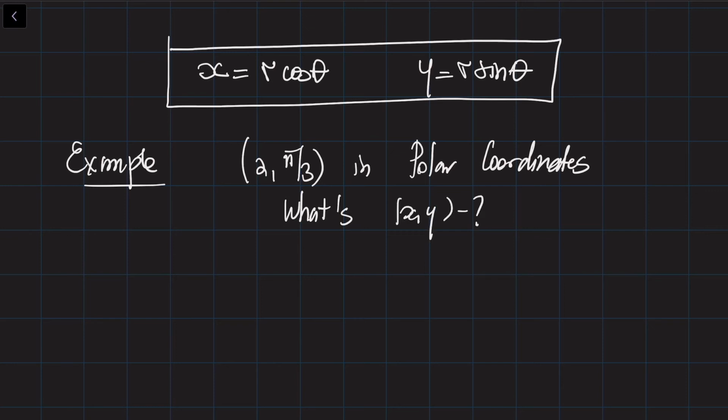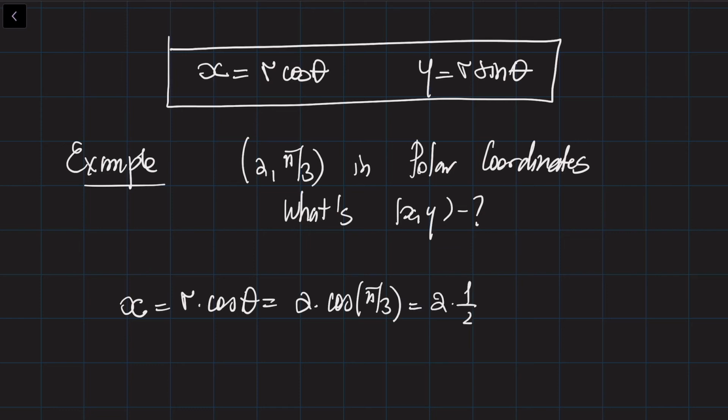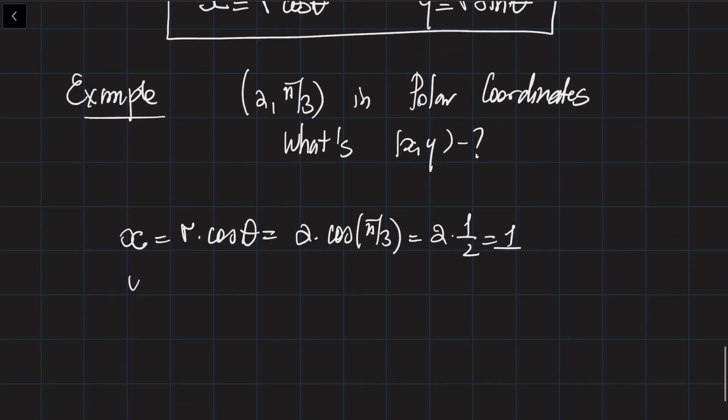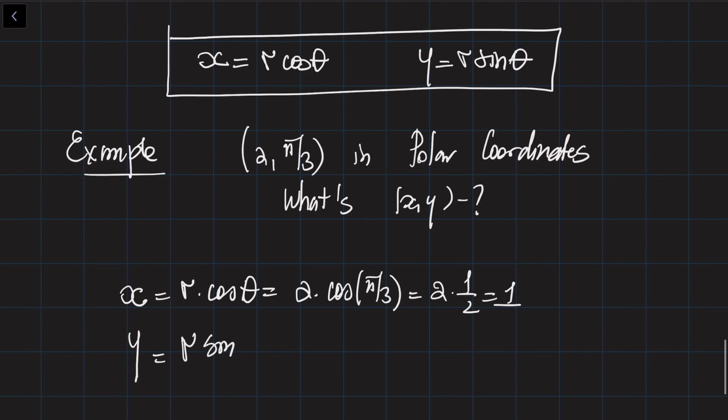I'm just going to use the formulas which we have derived so far. x is equal to r times cosine of theta. The r is equal to 2 here. Cosine of pi over 3 is equal to 1 over 2. So it's 2 times 1 over 2, which is simply 1. At the same time, the y coordinate is going to be equal to r times sine of theta.